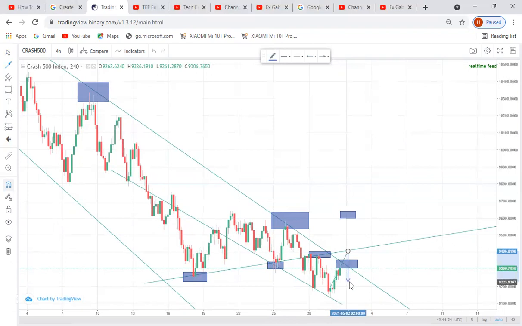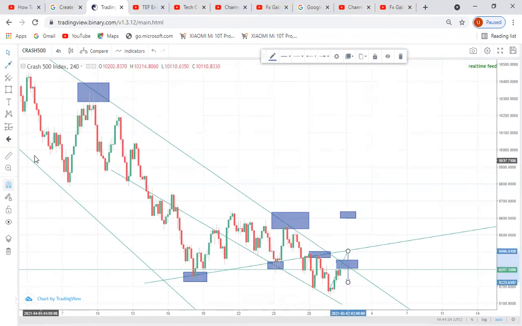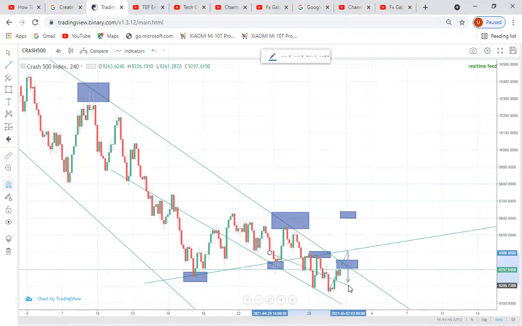At least I'm going to look for any wick of this candle. I'm going to use a link here to this place. Sorry, my mouse is misbehaving.